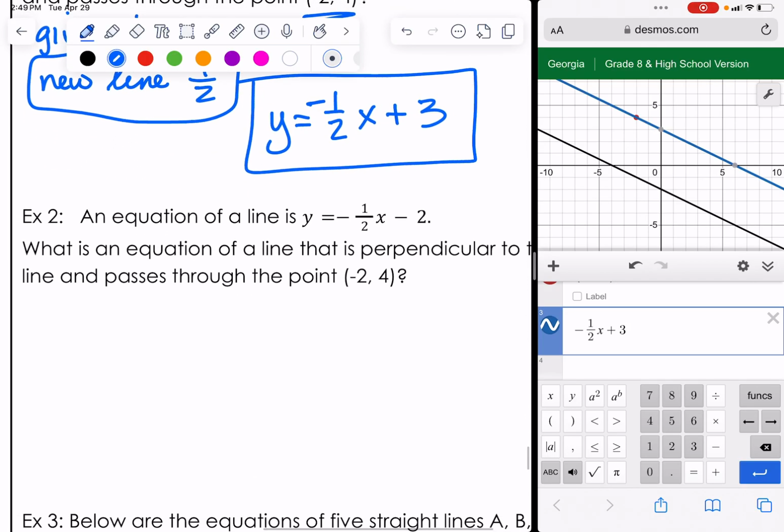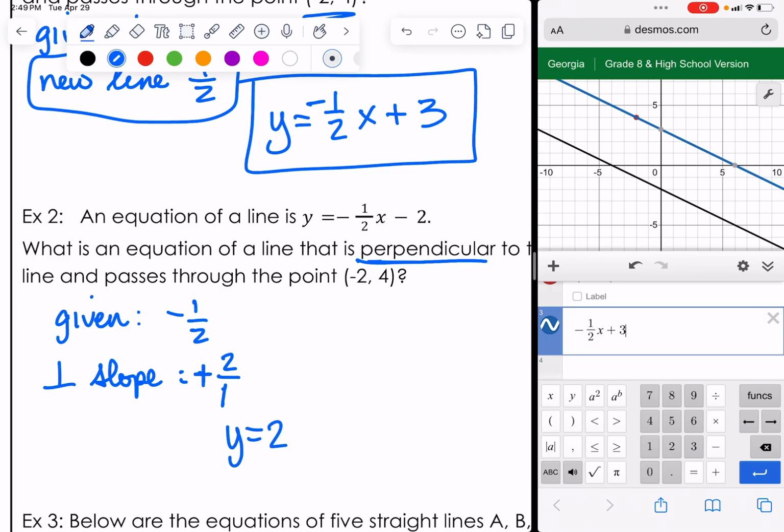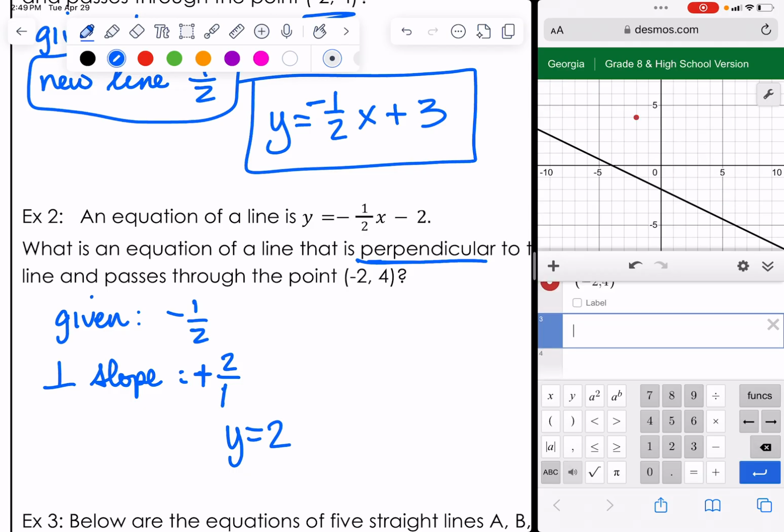Example 2 here. Here we're talking about perpendicular. So our given slope is -1/2. Our perpendicular slope, we need to turn it upside down and change the sign, so +2/1. So we're going to start with y equals 2x.